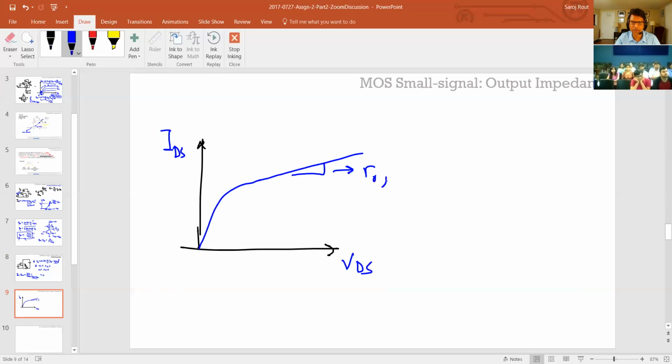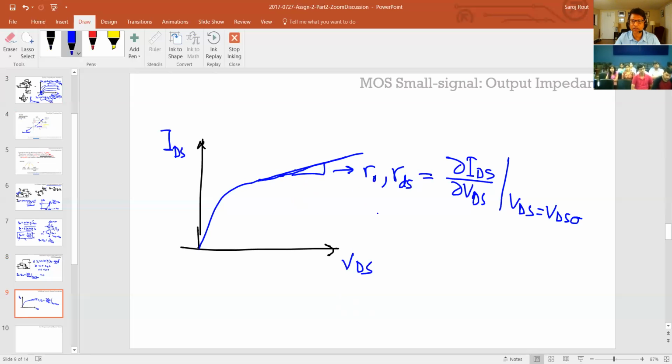Usually it's called R0 or RDS in this case, and that's dVDS over dIDS, for a given VDS equal to VDS0, some voltage. I drew it linear. It's not exactly linear, but if you find R0 for any of these regions, they're actually pretty close.